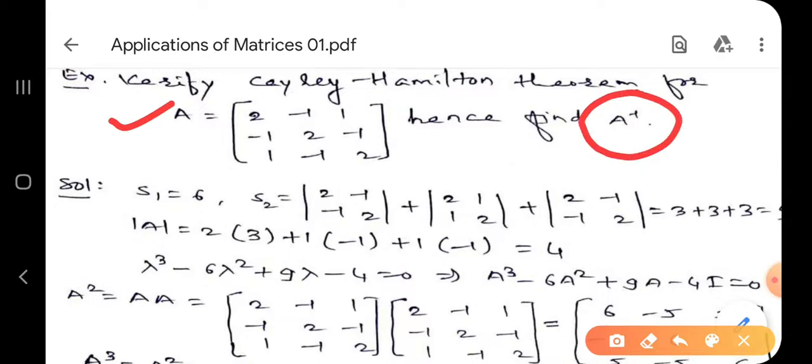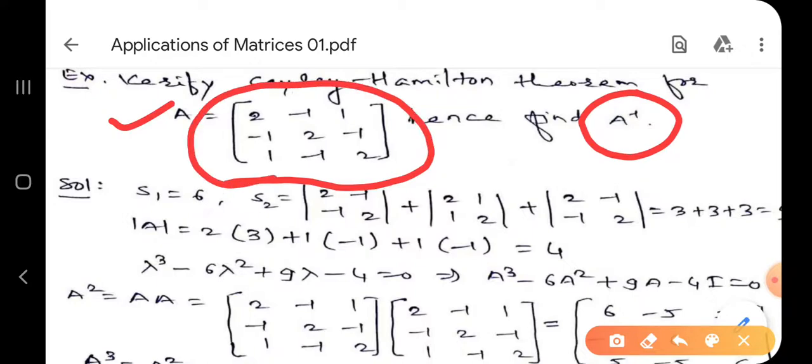We will see the procedure how to find A inverse, but right now we just concentrate on finding the characteristic equation. So here a 3 by 3 matrix, we have to verify Cayley Hamilton theorem. Yes, we will do it.